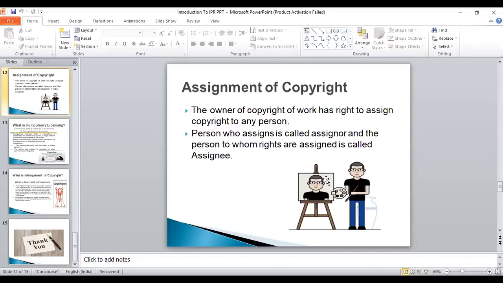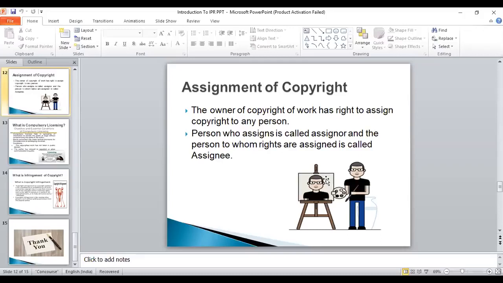Section 18 of the Copyright Act talks about assignment. The owner of the copyright can assign the entire copyright, or make only a partial assignment of rights to a person on certain terms and conditions, for a limited period of time, or for the whole term of the copyright. Only the person who has the authority can make the assignment. Nobody else can do that.